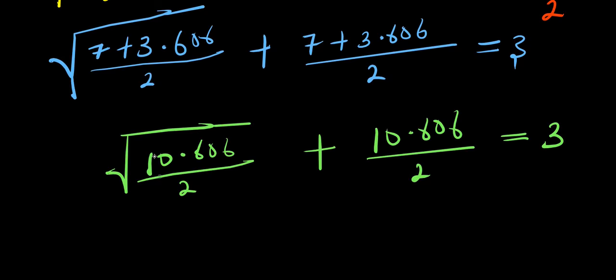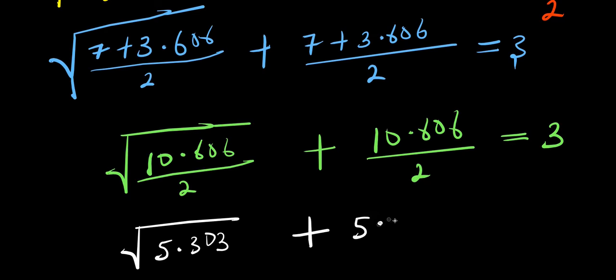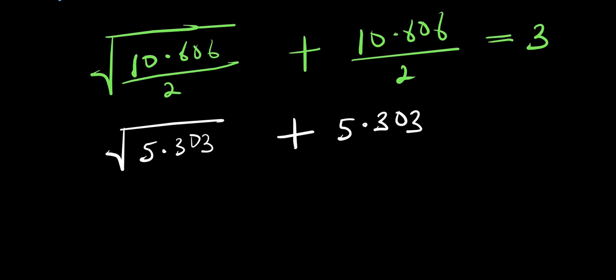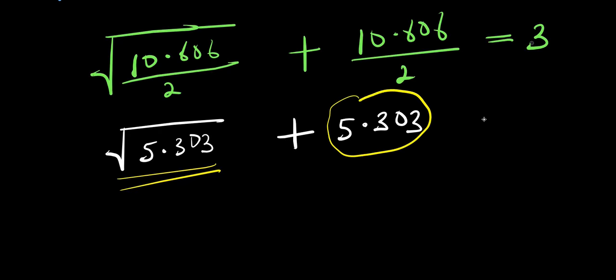So dividing this, you have square root of 10.606 divided by 2, that is 5.303, plus 5.303. So you need to find the square root of this. But even if you don't find the square root of this, it is obvious that this number here is greater than the 3 that we are comparing it to.